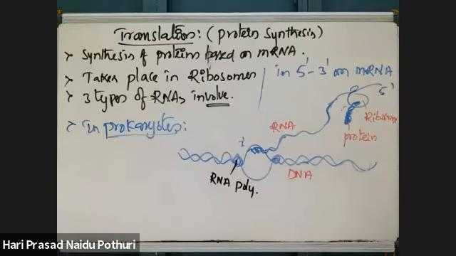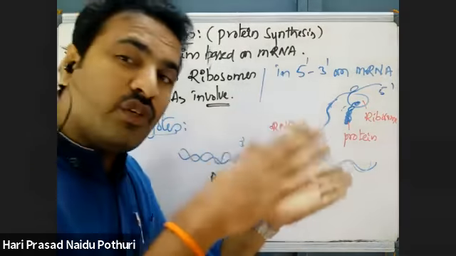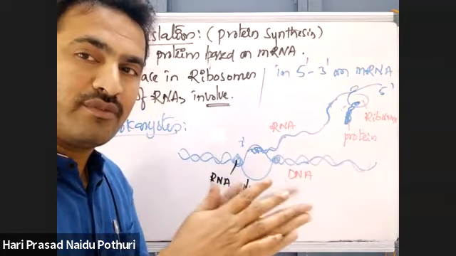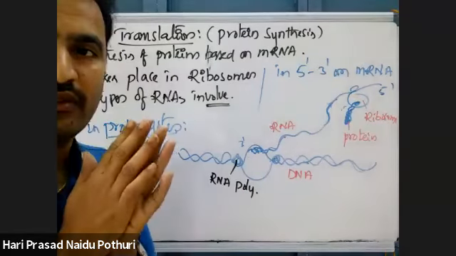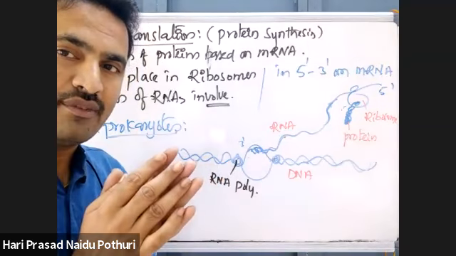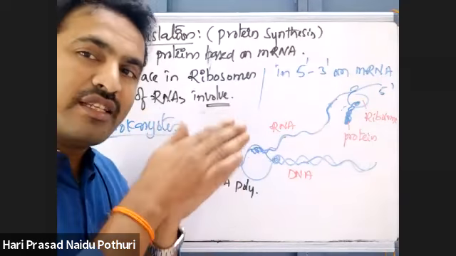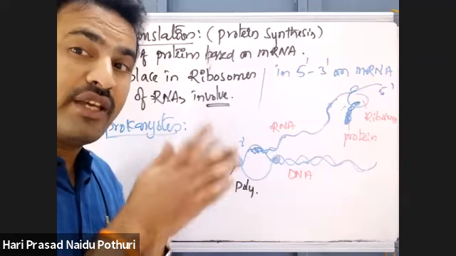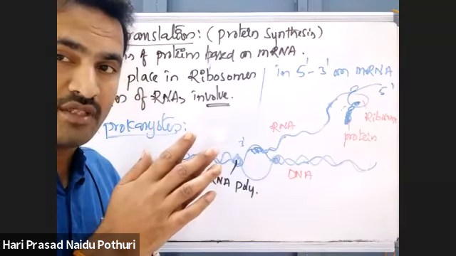That nuclear membrane is separating cytoplasm and nucleus. So inside the nucleus transcription is taking place, in eukaryotes. Translation is taking place outside the nucleus. Transcription is inside the nucleus, where DNA and chromosomes are present.